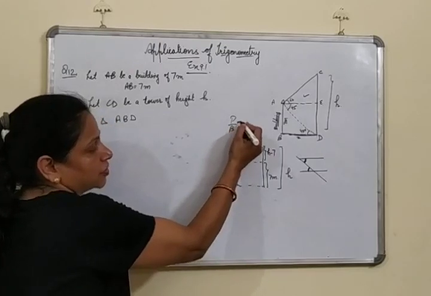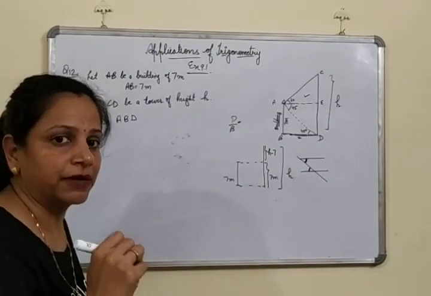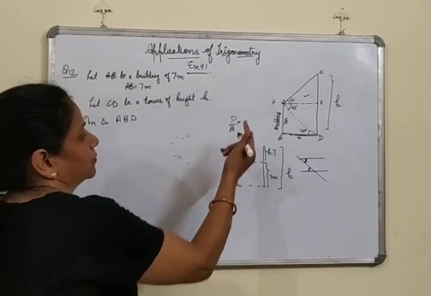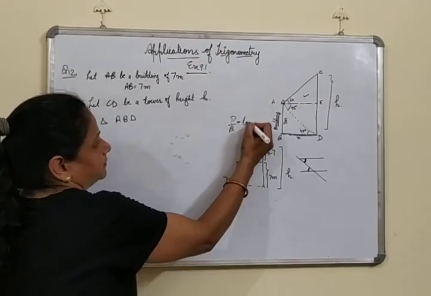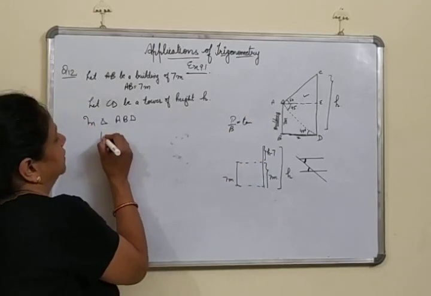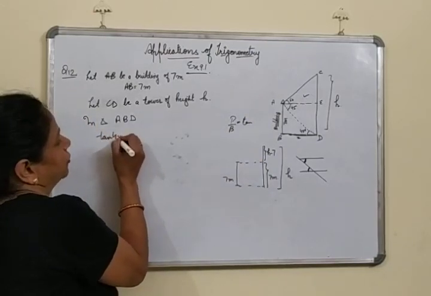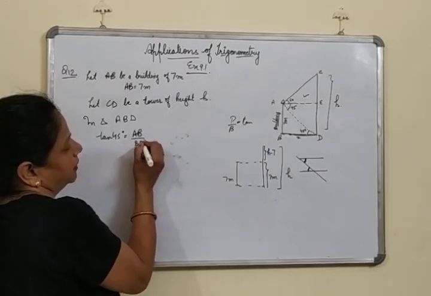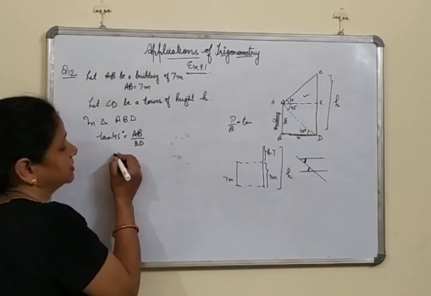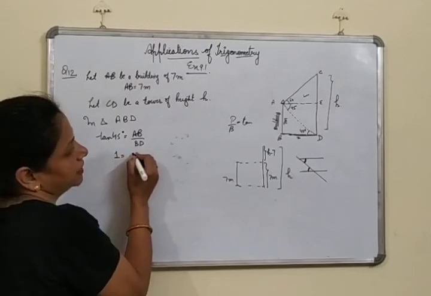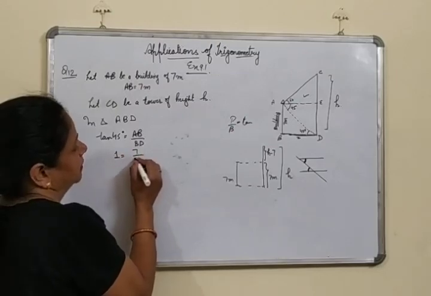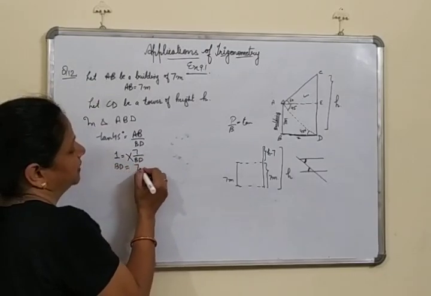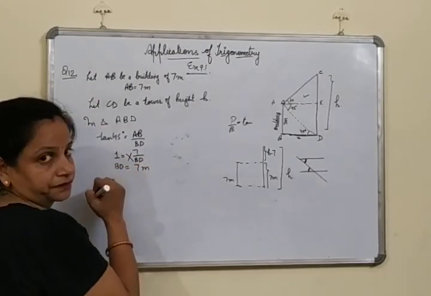Perpendicular and base, which is the trigonometric ratio which is formed by perpendicular and base? It can be tan, it can be cot. So suppose we take it as tan. So now we take tan 45 degree is equals to AB upon BD. Value for tan 45 is 1, AB is 7, BD we don't know. So we solve it and we get the value of BD as 7 meter.